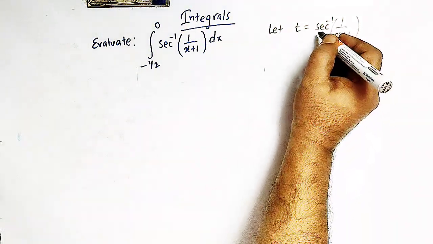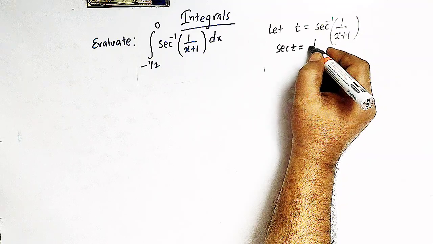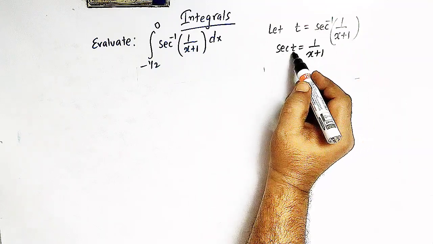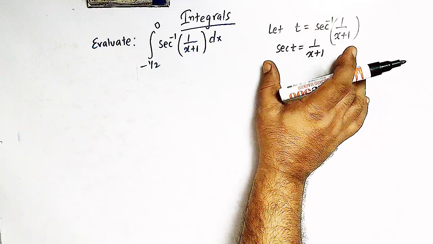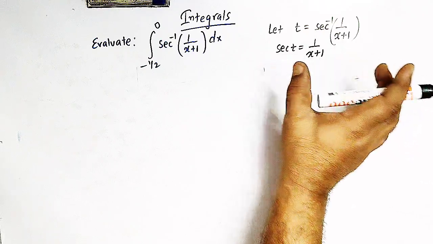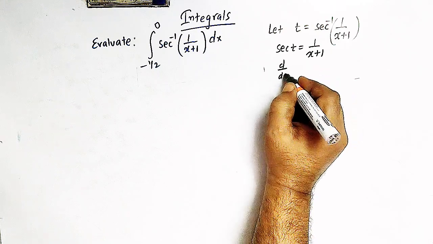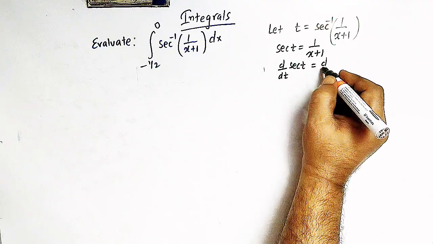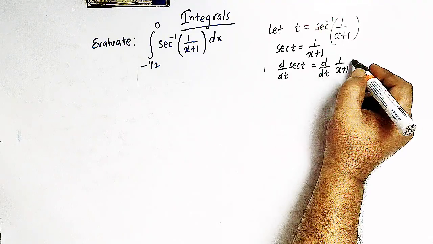Now we can write secant t is equal to 1 over x plus 1. So secant t is equal to 1 over x plus 1. Let us differentiate both sides with respect to t. So we can now write d by dt of secant t, and here we have d by dt of 1 over x plus 1.